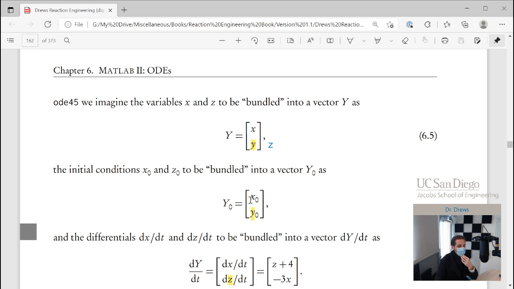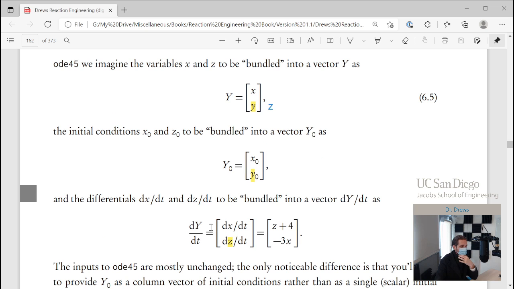We give it a column vector of our initial conditions, and we bundle our differential equations as another column vector. So this has a very similar pattern to what we did with fsolve. And in fact, Matlab tends to use the same default variable for it, which is this sort of capital Y. I don't know why Matlab chose to use capital Y for everything, but we do it to be consistent with Matlab.